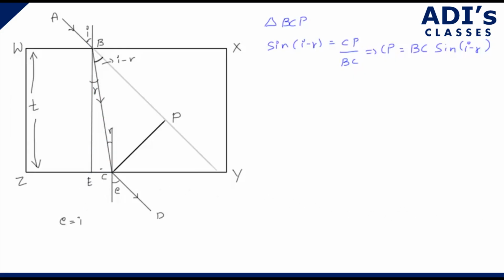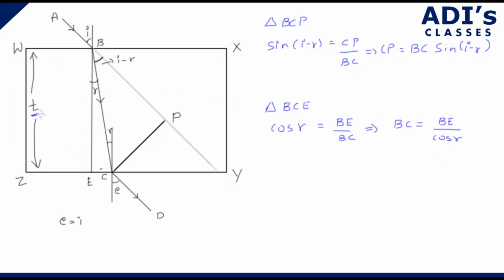Now in the triangle BCE, we'll consider cosine of R. If you take cos R, this is nothing but BE divided by BC, or you can write BC is equal to BE divided by cos R. Now what is BE?